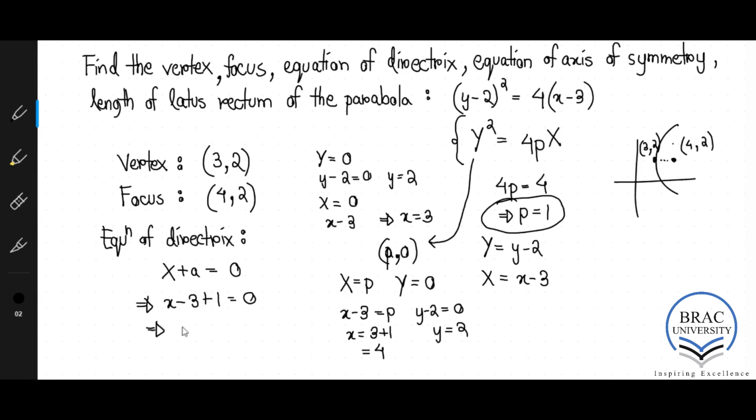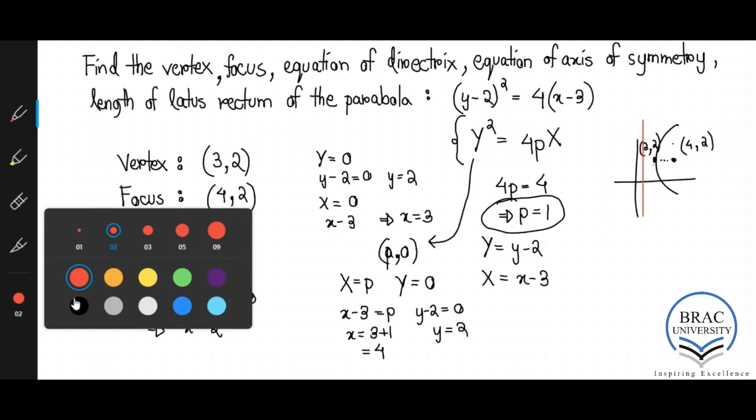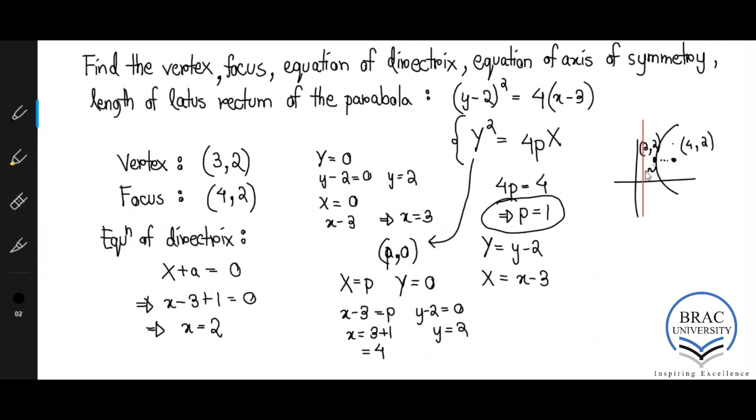So my equation is x is equal to 2, which does make sense. As you can see here, let me use a different color to bring in the directrix. So the directrix is one value behind on the x. You can see it's 1 behind on the x.